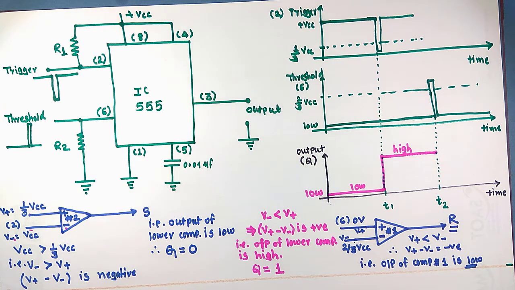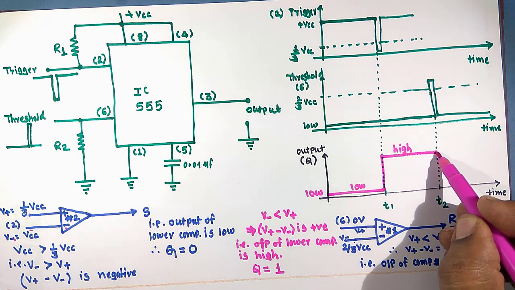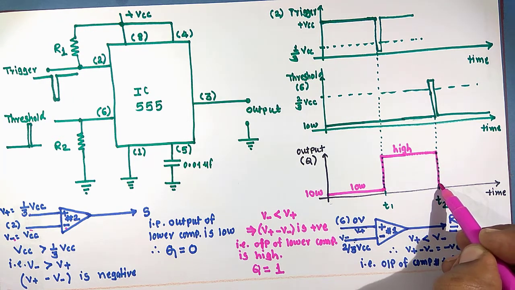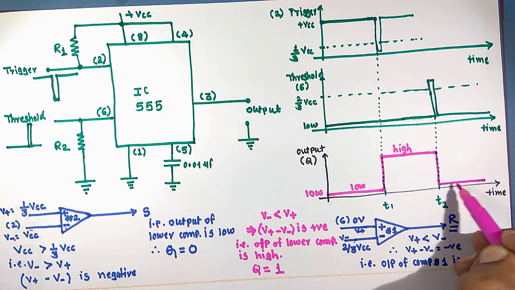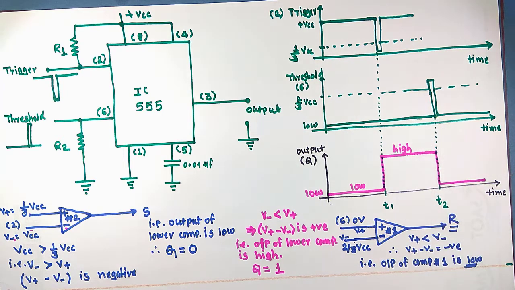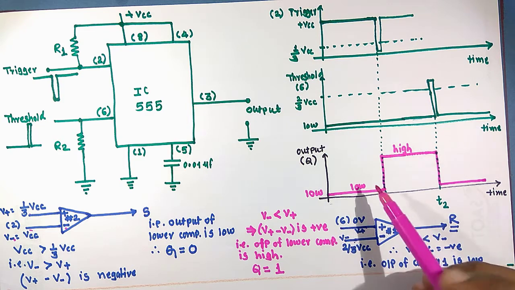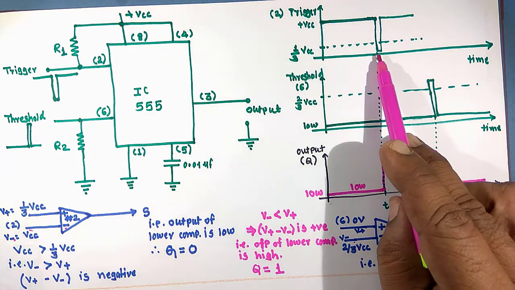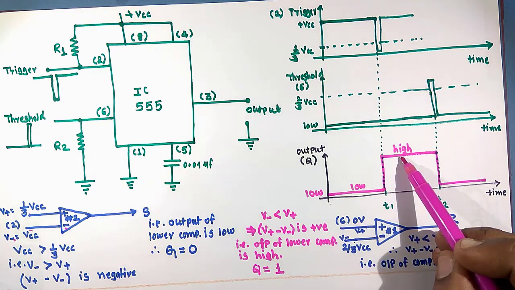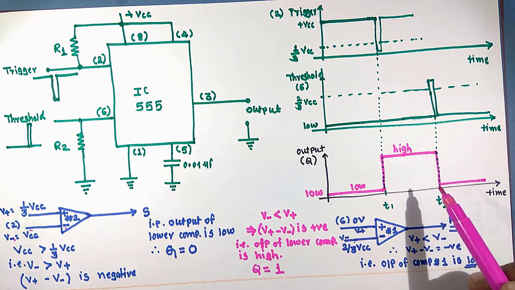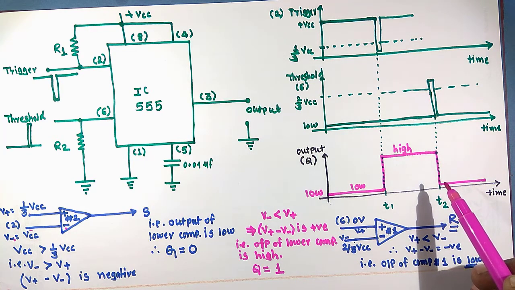Flip-flop resets means output Q becomes low, and hence the output of the bistable multivibrator goes to the low state when the threshold input arrives. So it is clear from this graph that to change the state from low to high, a trigger input signal is required. It remains in a high state for a long time till the threshold input signal arrives.